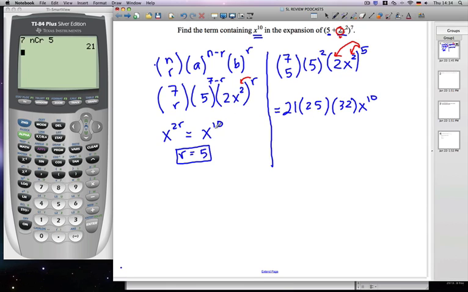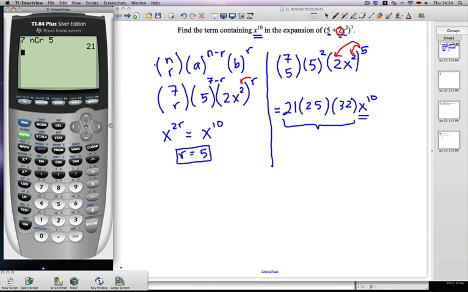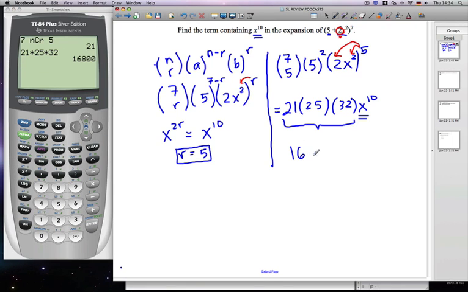And you see that x to the 10, x to the 10, and this piece is our coefficient. So 21 times 25 times 32, 16,800 x to the 10th is the term they're asking for.